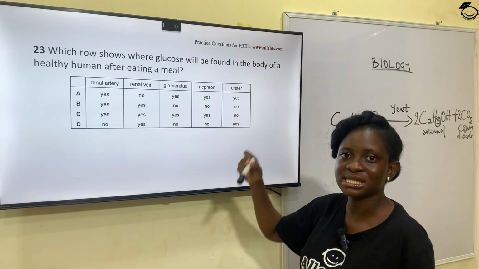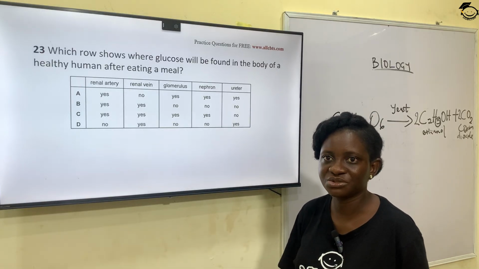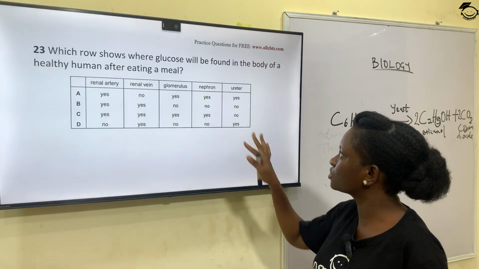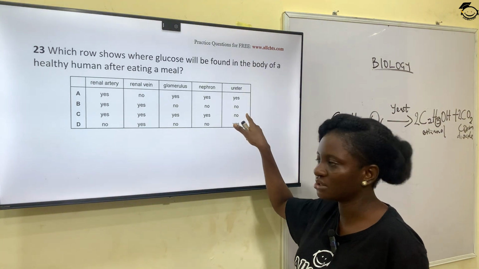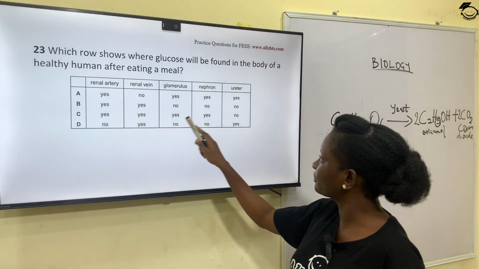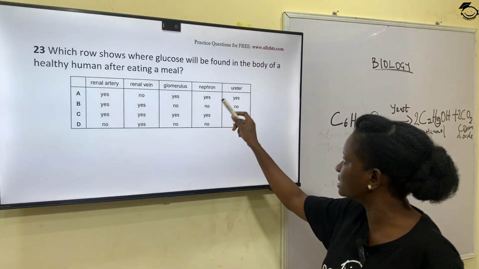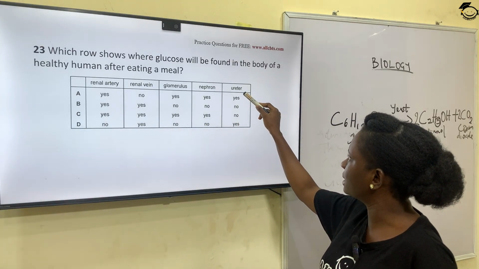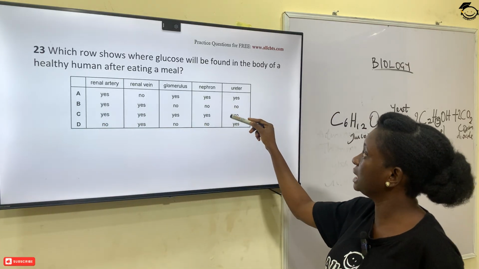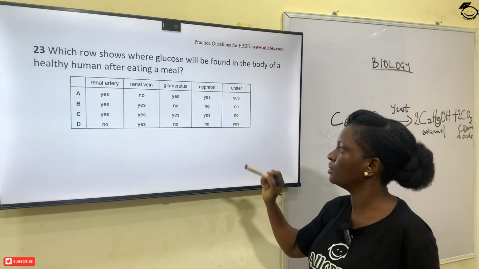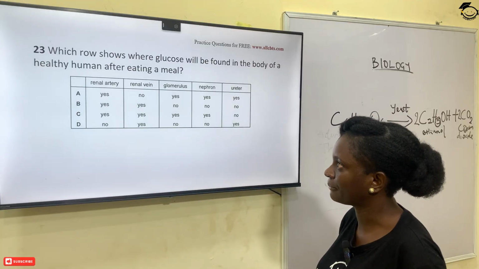But the ureter is involved in passing out urine. So glucose should not be found in this place for a healthy woman. It can be found in all of these except the ureter. Option C is the correct answer.